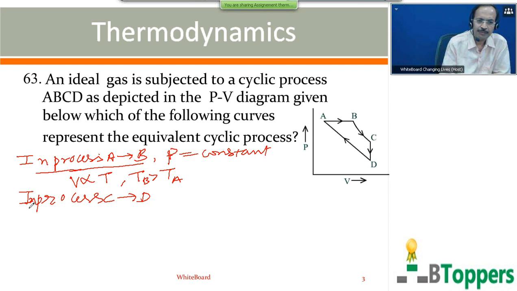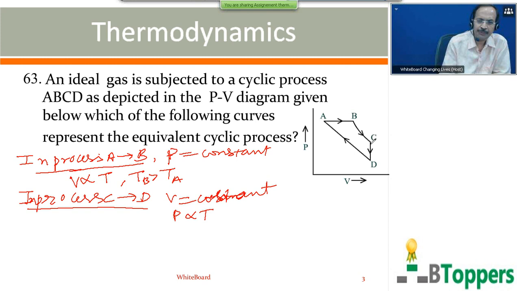So in the process C to D, volume of the gas is constant. So if the volume of the gas is constant, pressure is proportional to the temperature.